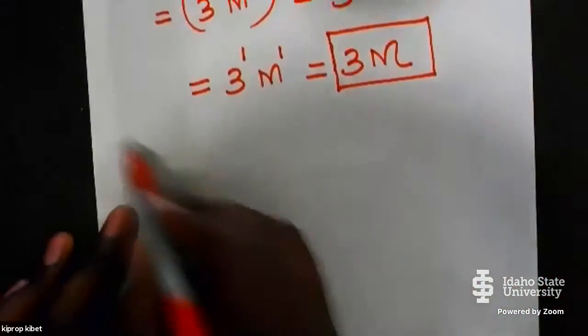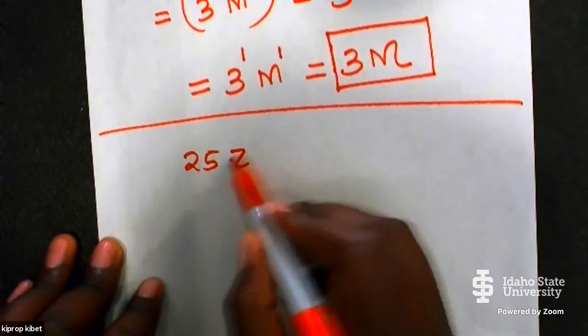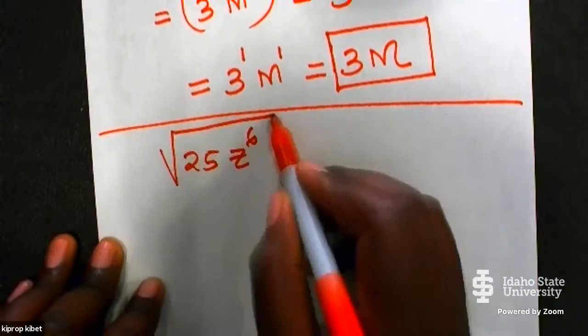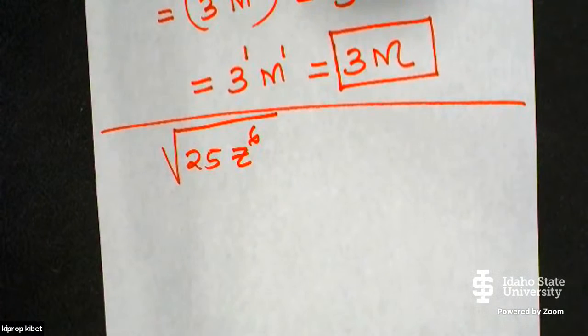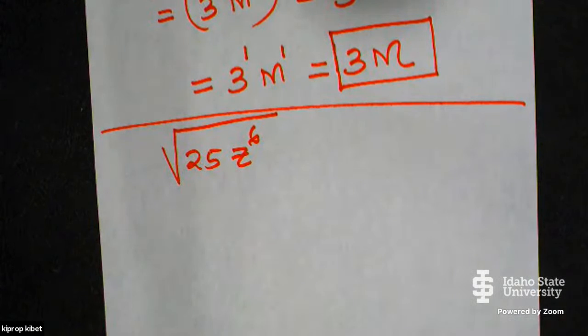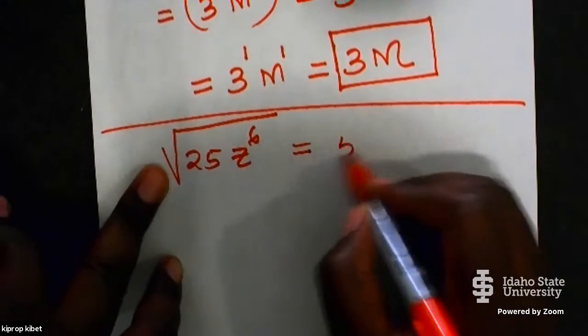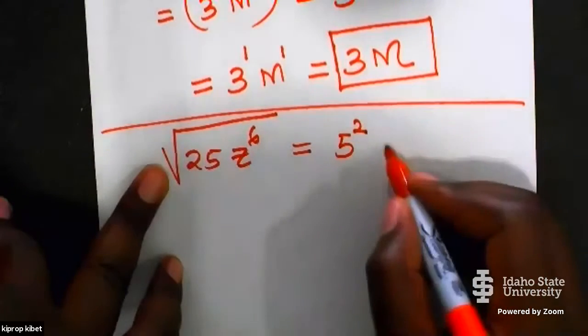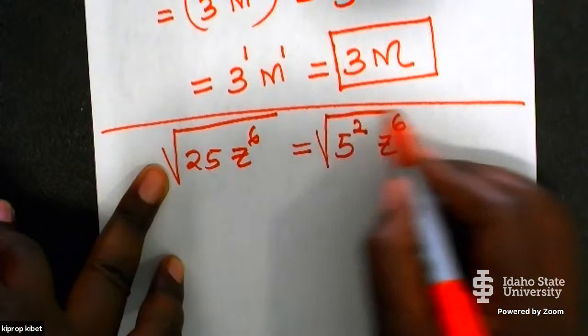Okay, another example is if you're given 25 z raised to 6 and then get a square root of that. So how should we get a square root of this? This is the same as 5 raised to 2, and then z raised to 6, the square root.